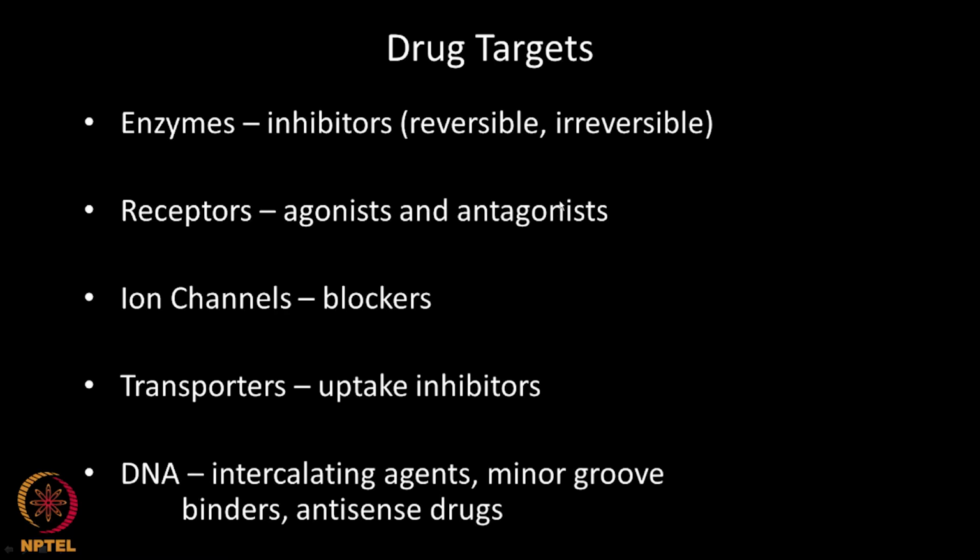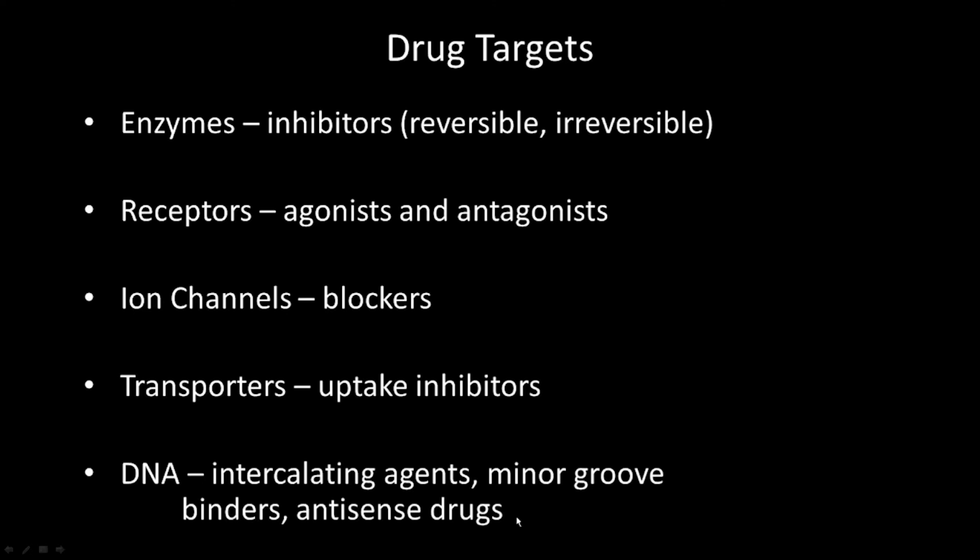Target could be an ion channel, so you could be designing drugs as ion channel blockers. The target could be a transporter, so we can design uptake inhibitors. Target could be a DNA, so the drug could be intercalating agents, minor groove binders, antisense drugs.